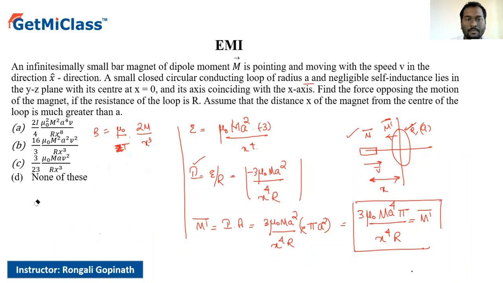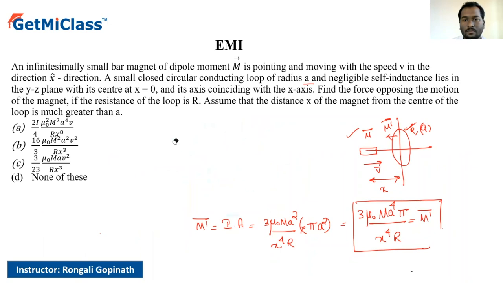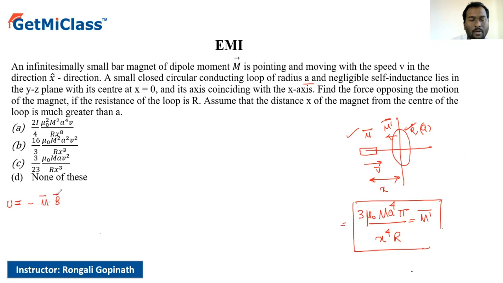Let's erase this part. Potential energy U equals to minus of m bar dot B bar.